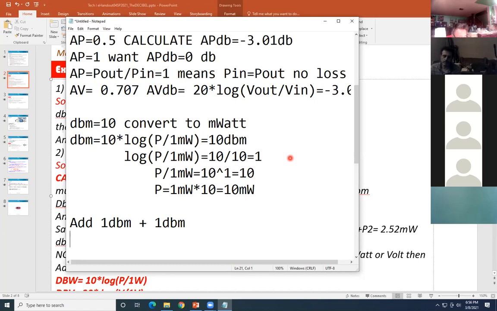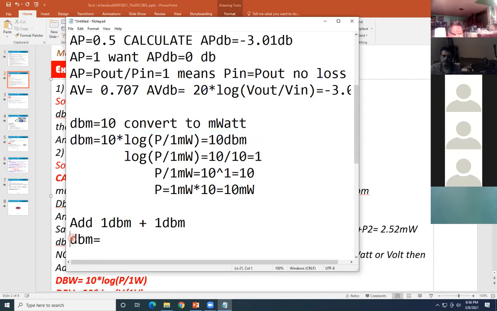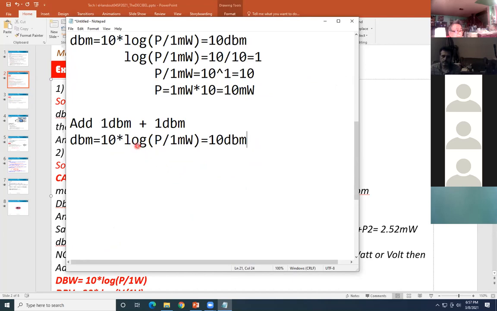Okay, so you know the formula. dBm equals 10 log of P. Now I say P1, and that will be equal to 1 dBm. So now you have to calculate that one.